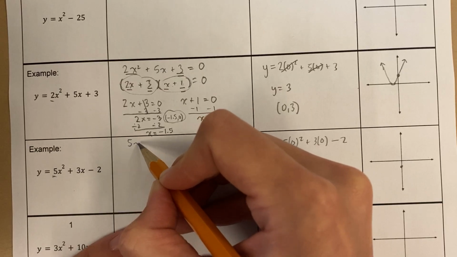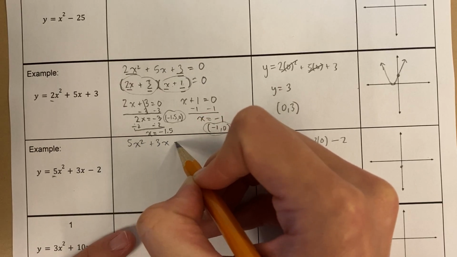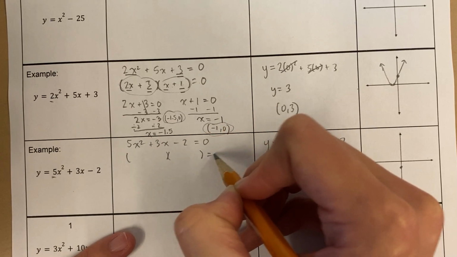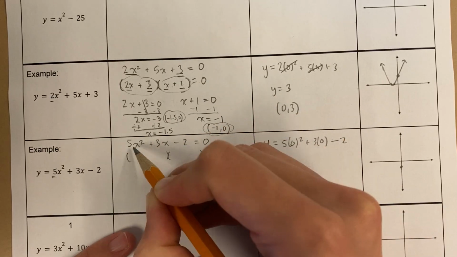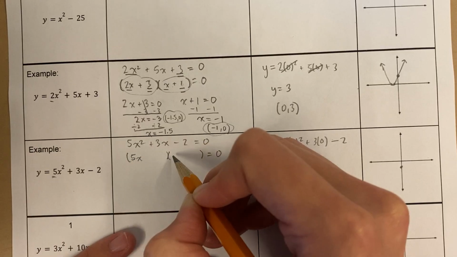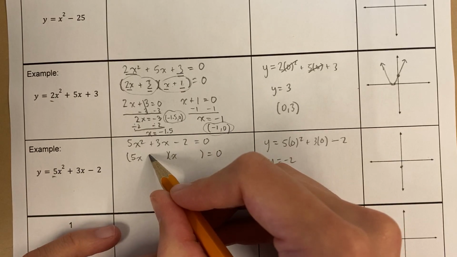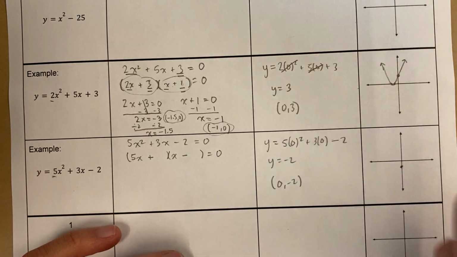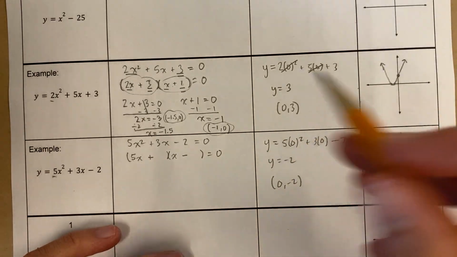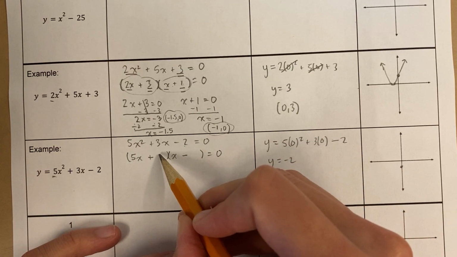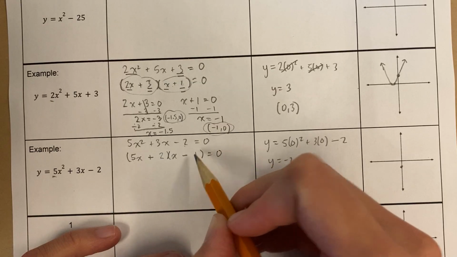Let's set up this next one. Once again, we're going to factor. I know that these two have to multiply to be 5x squared, so that's going to be 5x and x. And then to multiply to be negative 2, I know I need to have one positive, one negative. I'm just going to put the positive here and the negative here for a moment, and we'll see what happens next. I have a 2 here, so that can only be 2 times 1. So let's say I put 2 here and 1 here.